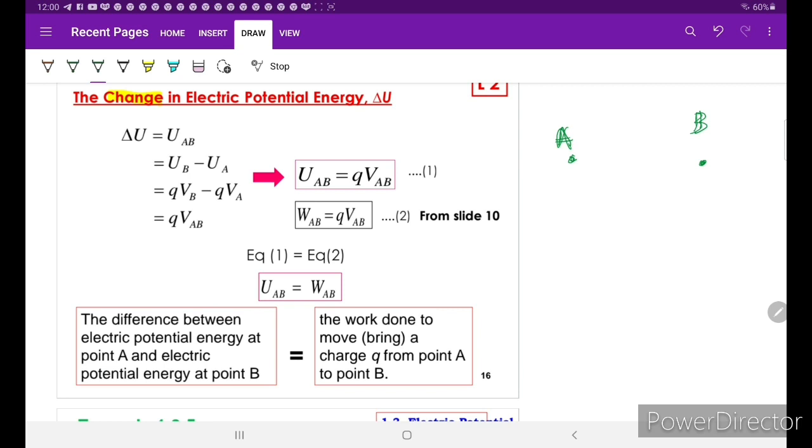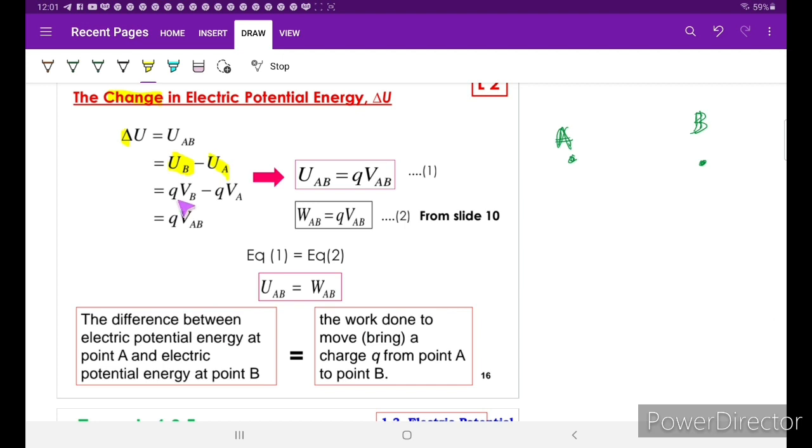So to find the change in electric potential energy, we can write the formula as delta U equal to U_AB. It shows the change in electric potential energy. This triangle symbol is the symbol for change, the change in electric potential energy between point A and B. So we need to calculate the energy at point B first, minus the energy at point A.